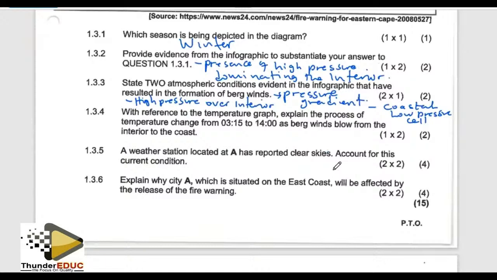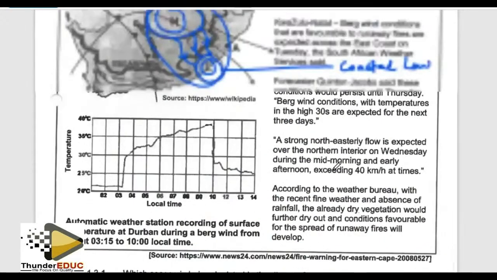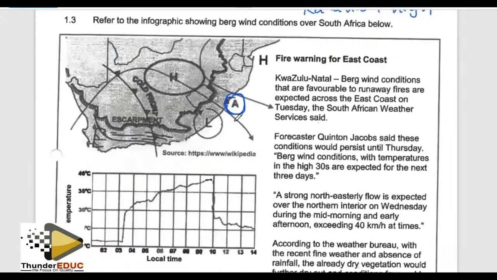1.3.6 says, explain why city A, which is situated on the east coast, will be affected by the release of fire warning. Let's check city A. City A here could be Durban for our case.